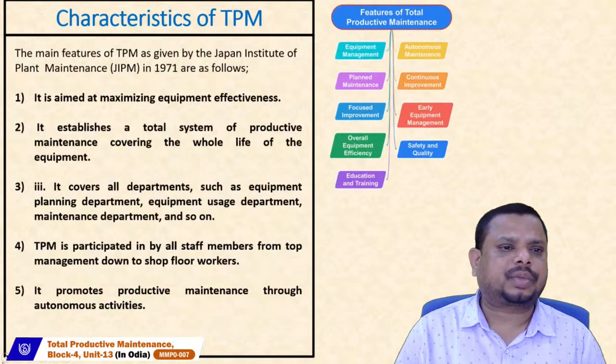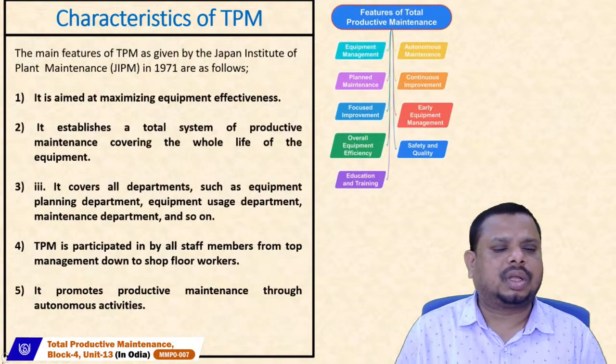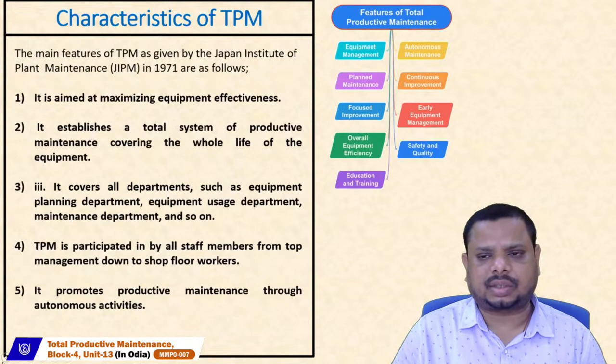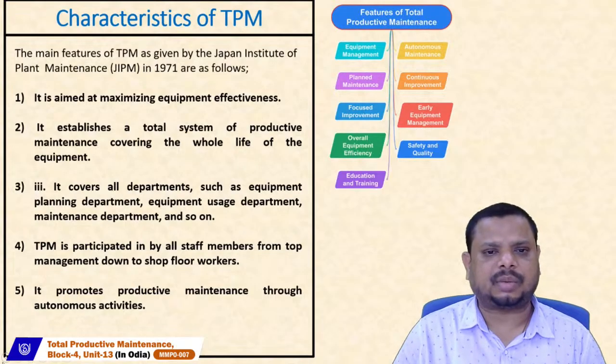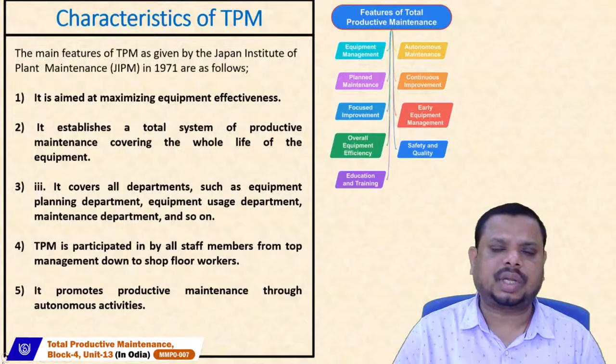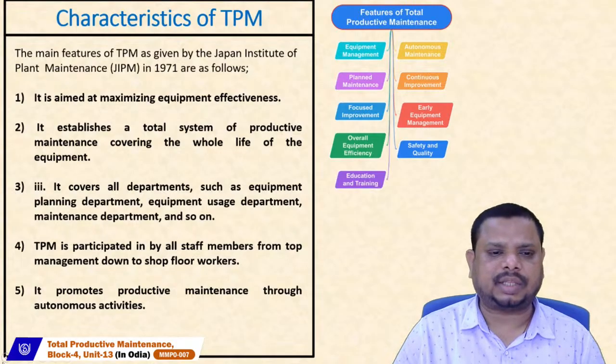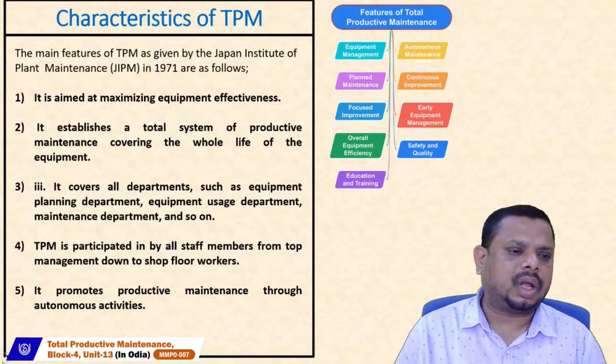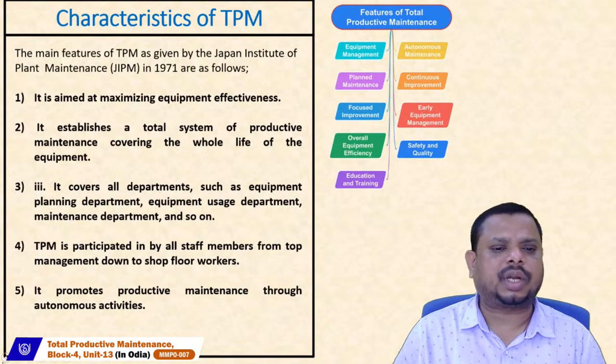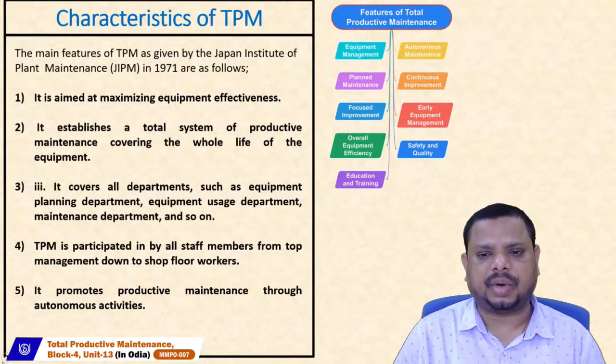Moving to the next one. The next one is the main features of TPM by the Japan Institute of Plant Maintenance, shortly known as JIPM, in the year 1971, which are as follows. The first one is that it is aimed at maximizing equipment effectiveness. I will elaborate one by one. The next one is that it establishes the Toyota system of productivity maintenance covering the whole life of the equipment.